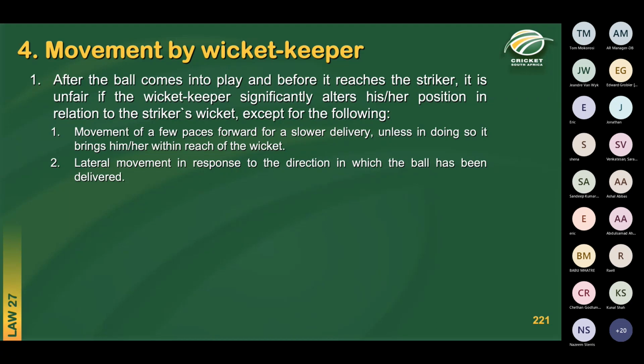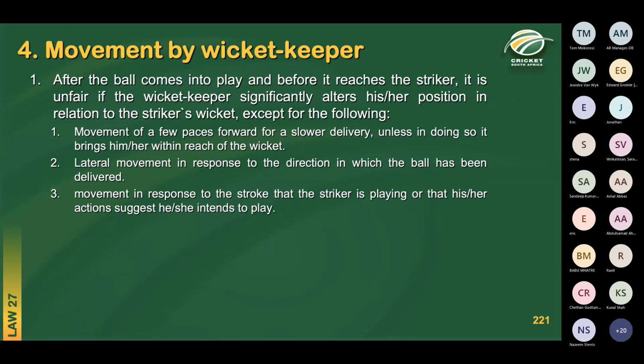Lateral movement is also allowed in response to the direction in which the ball has been delivered. If a ball is down leg side, the wicketkeeper is well within his or her rights to follow the ball down leg side to be able to field it. The wicketkeeper is also allowed a movement in response to the stroke that the striker is playing, or that his or her actions suggest that they intend to play.